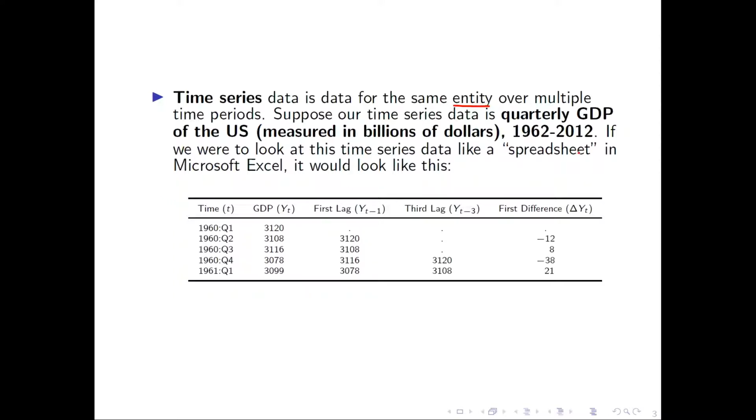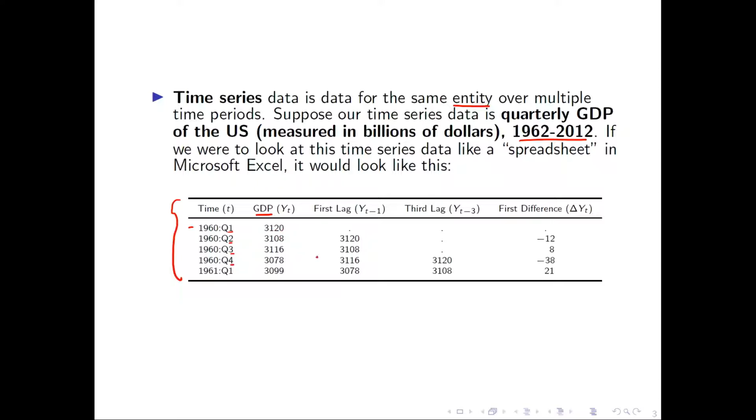And we have data from 1962 to 2012, and in the data frame it would look something like this. And you see that you have data points for every quarter. This is quarter 1, this is quarter 2, so there would be 4 quarters in 1 year. And you have the GDP as measured in billions of dollars.